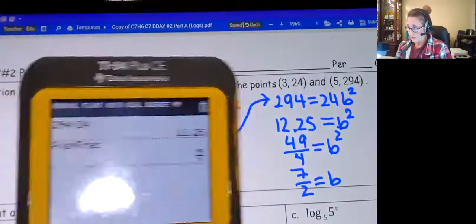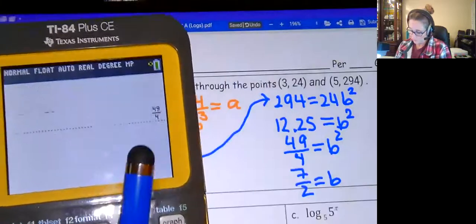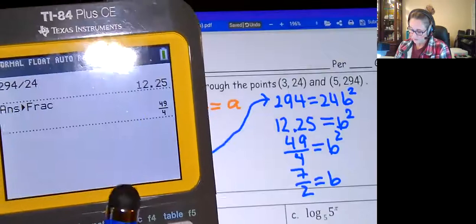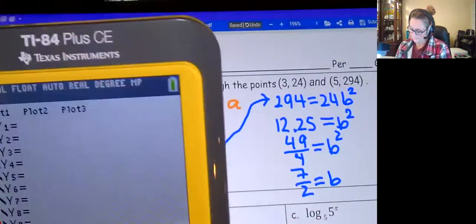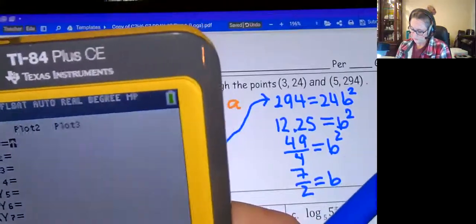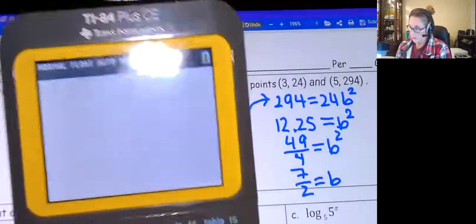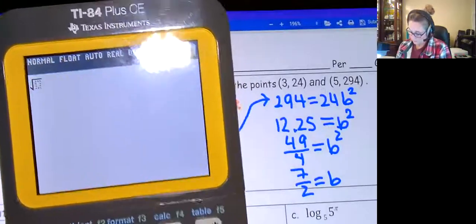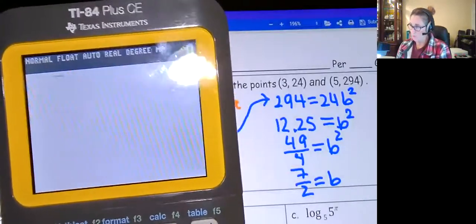I could have just taken the square root of 12.25 also. If I take the square root of 12.25, I'm actually going to get this as a decimal, 3.5.